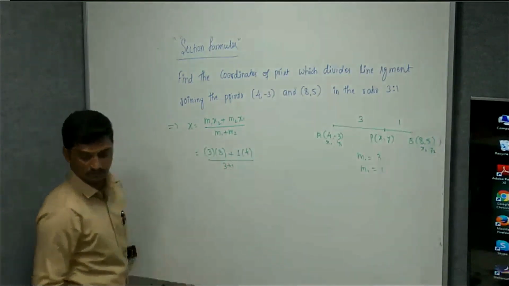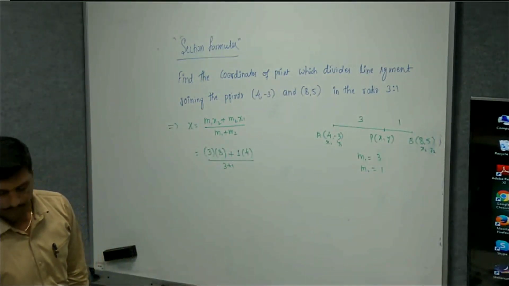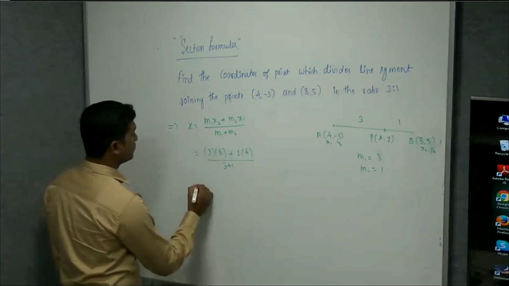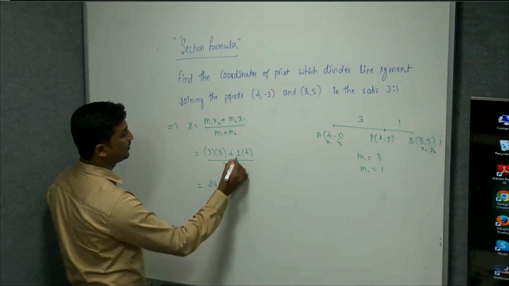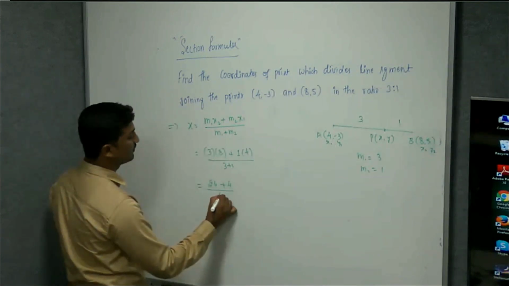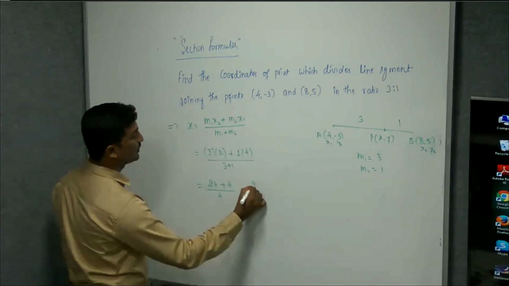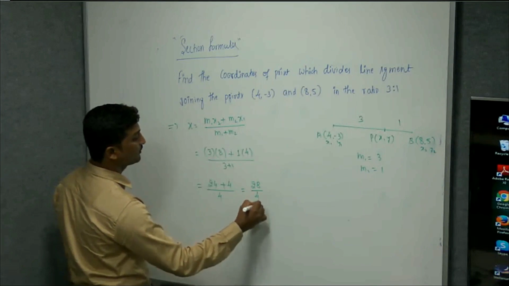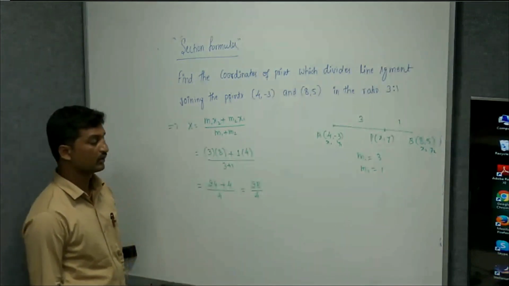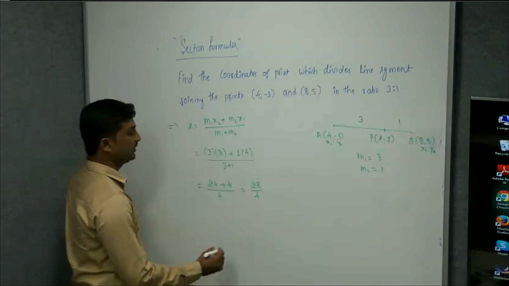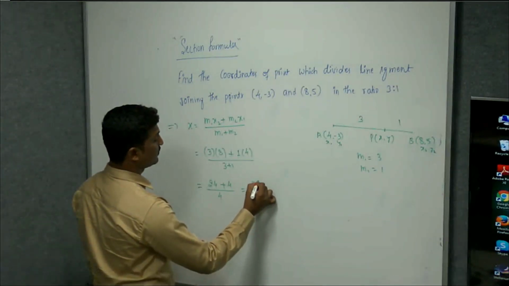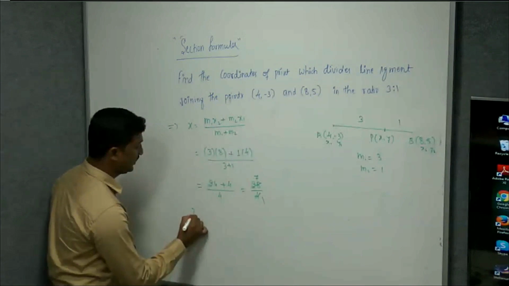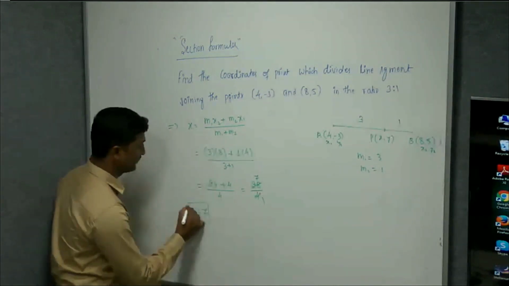That is 3 into 8 is 24 plus 1 into 4 is 4, divided by 4, that is 28 by 4. Now simplify it: 4 sevens are 28. Therefore, the value of x is 7.